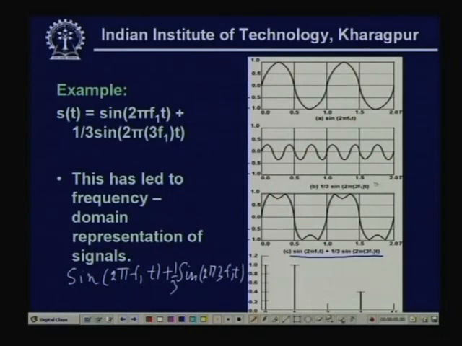If we see it on the oscilloscope, in the time domain we shall get this kind of diagram.